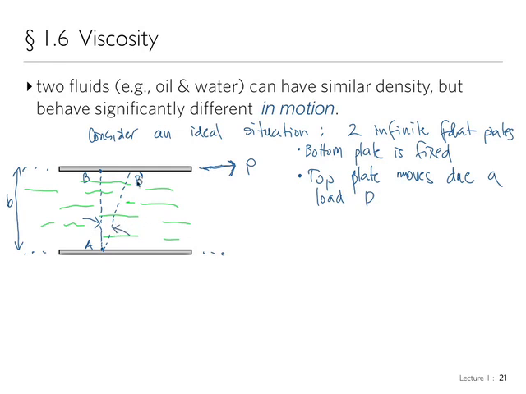Let's call this angle delta beta, and if the material between the plates is a solid, then the top plate would be displaced a certain distance and remain there, reach equilibrium, as we said. So suppose it would perhaps move a certain distance dA, and if it was solid, then it would reach equilibrium there.